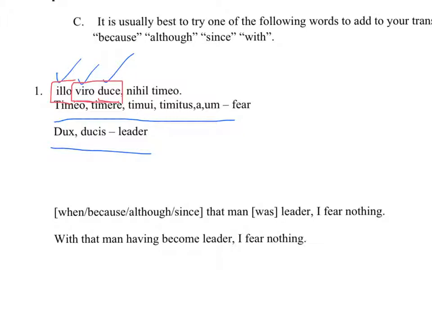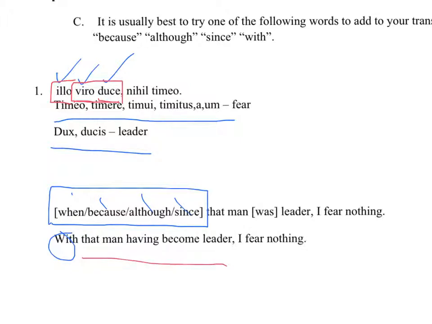I've suggested that the best way to translate these strange ablative clauses are with words like when, because, although, since, or arguably with the word with. So look at the example here. Illo viro duce means with that man leader, if you want to put it in really simple English, with that man leader, I fear nothing.